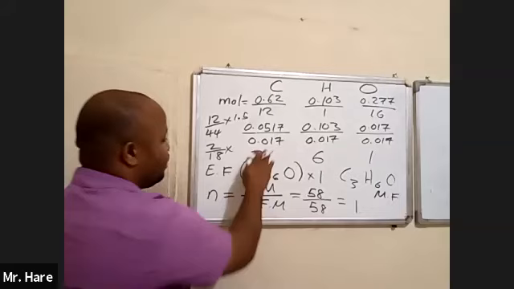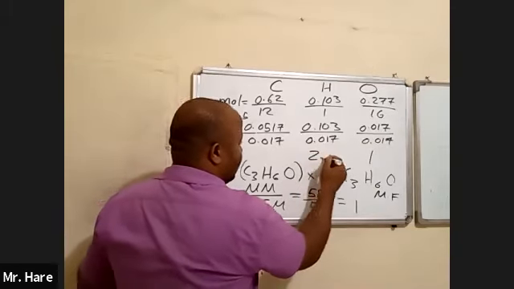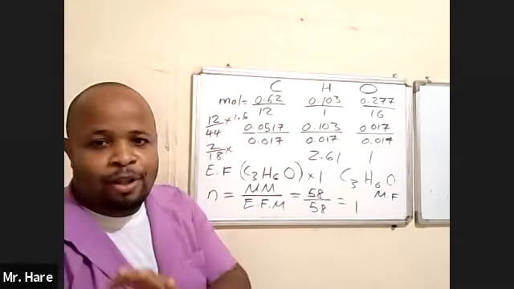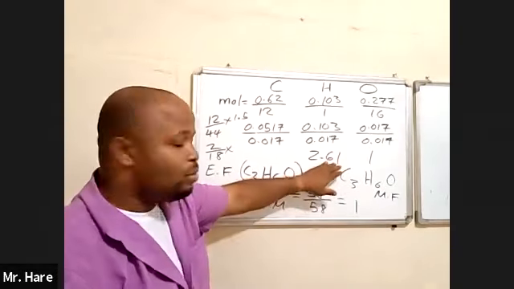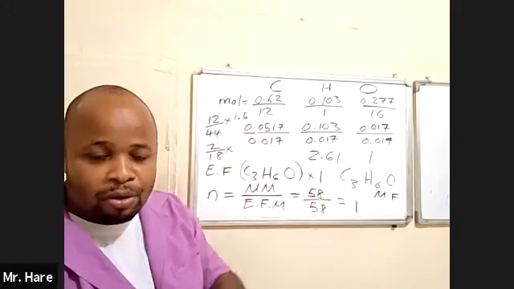Sir, excuse me, sir. Suppose when you work out the moles, you get decimals. Let's say you get 2.61, when you're doing empirical formula. All right, so when you're working out empirical formula, the rounding off, like when it's normal, when it's 0.5 or more, you will round up.